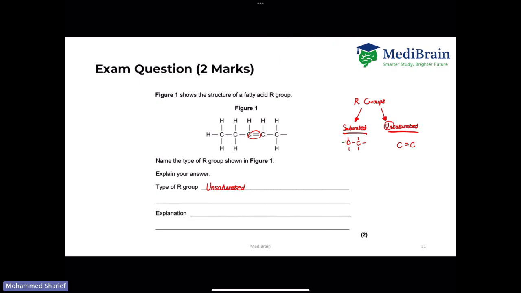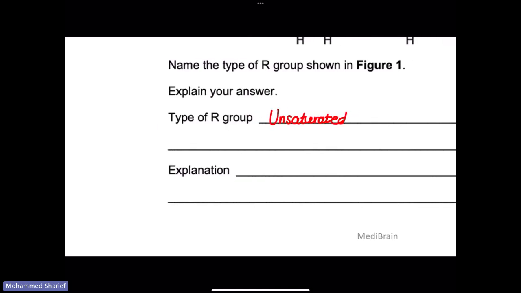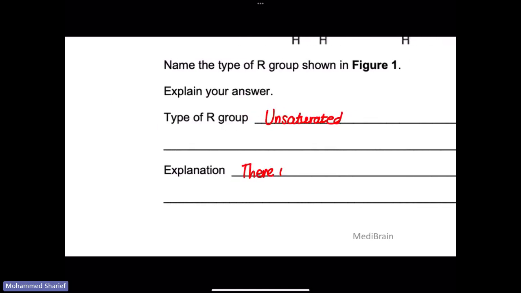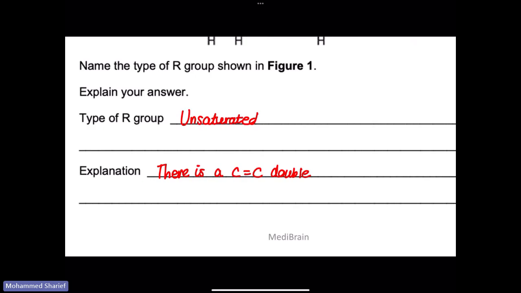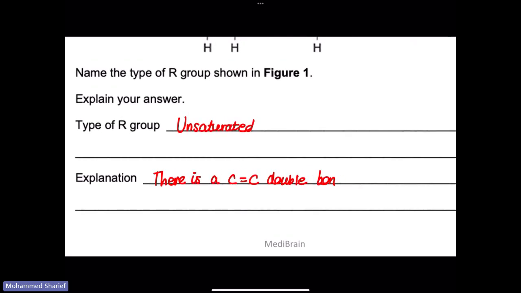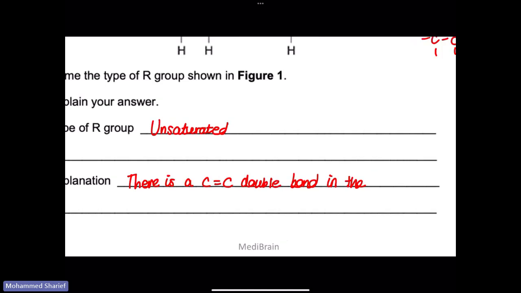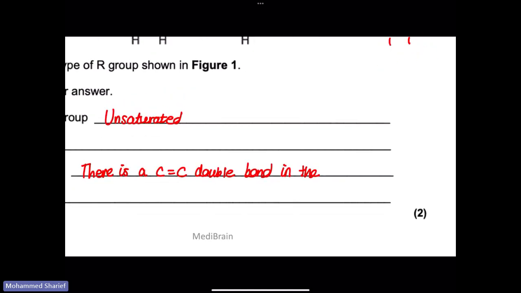There was a C=C double bond in the fatty acid. So our explanation is there is a C=C double bond in the fatty acid.